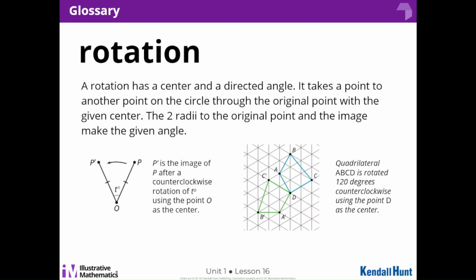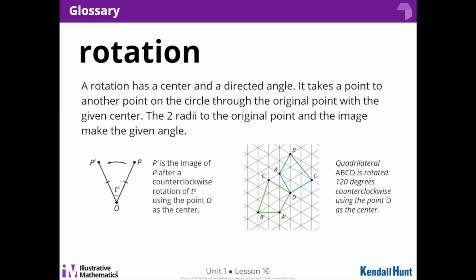Rotation has a center and a directed angle. So on the left at the bottom, we would say that P is rotated counterclockwise around O for the amount of T degrees, and it creates the image of P prime.